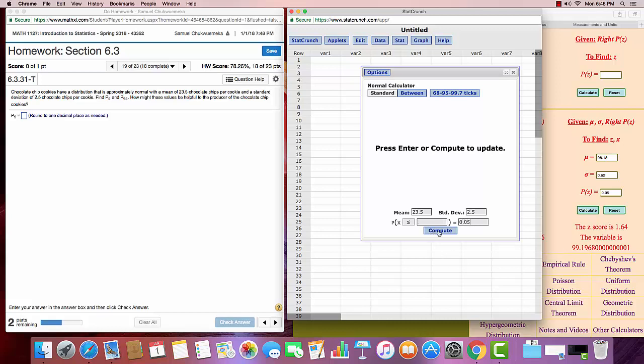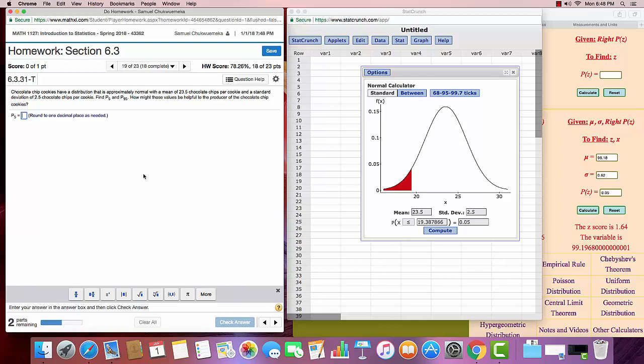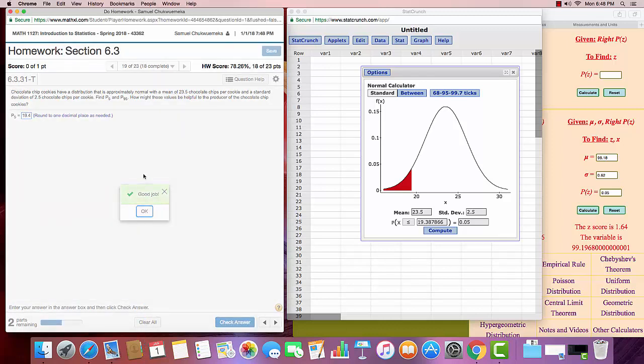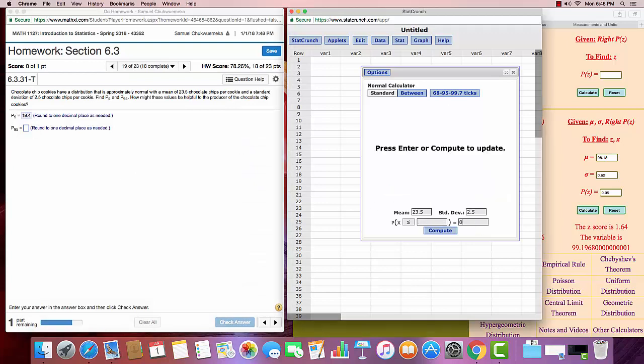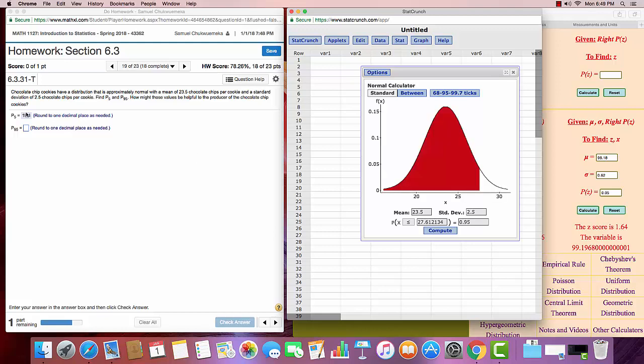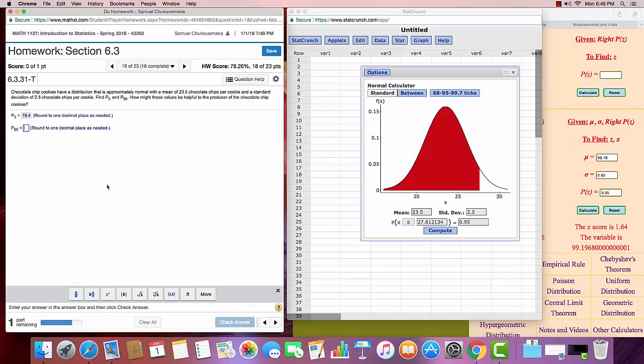Okay, so that to one decimal place will be 19.4. Then the 95th percentile is lower 95% from the upper 5%. And to one decimal place will be 27.6.